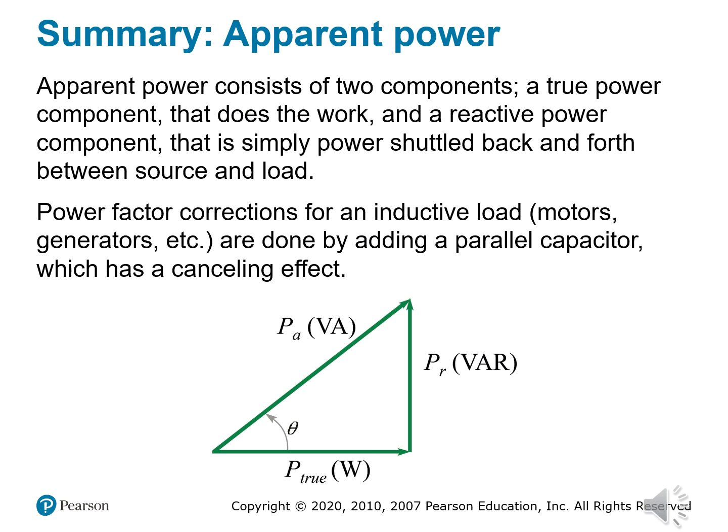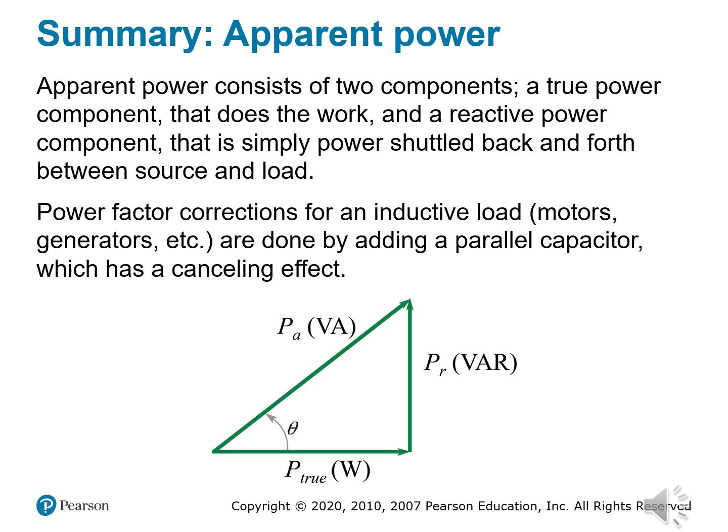The right triangle shows the horizontal leg equal to P in watts, the vertical leg equal to Q in VARs, and the hypotenuse equal to S in volt-amps. Just remember that cosine theta equals P over S, which equals the power factor, or the horizontal leg over the hypotenuse.